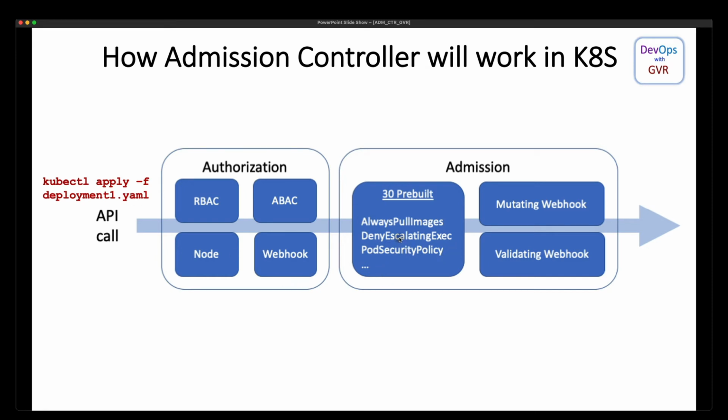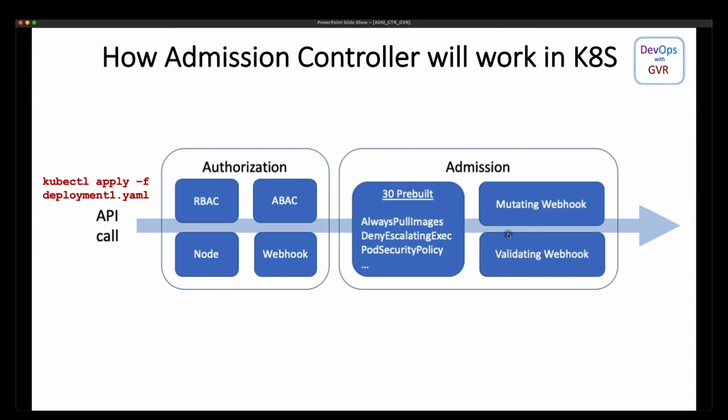Those will kick in if you enable them. Along with that, there are two different main phases. Please remember, the mutating webhook and the validating webhook. So in the admission controller process, you can either mutate or validate along with the pre-built ones.